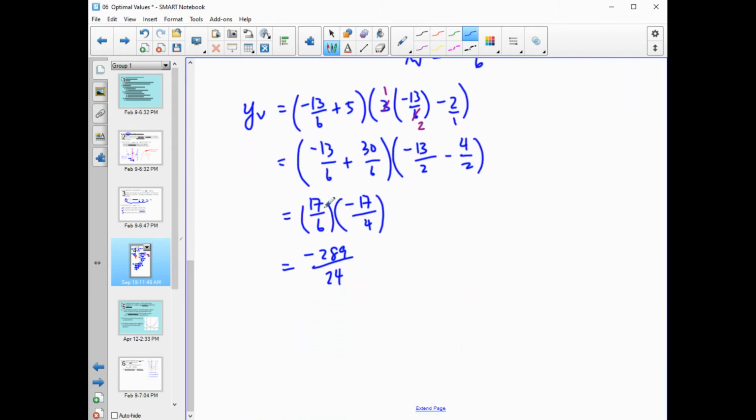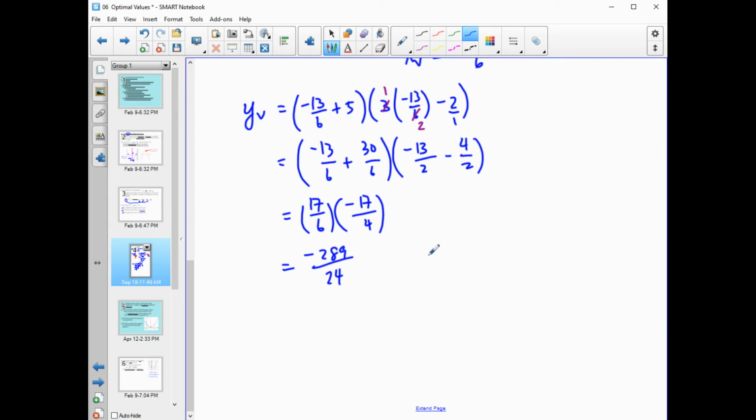Everything I did here, other than the 17 times 17, kind of just popped into my head there. You would use a calculator for that just to make sure, and I'm actually not so confident. I'm just going to double check. Let's see, 17 times 10 is 170, plus another 70 is 240, plus 49 is negative 289.